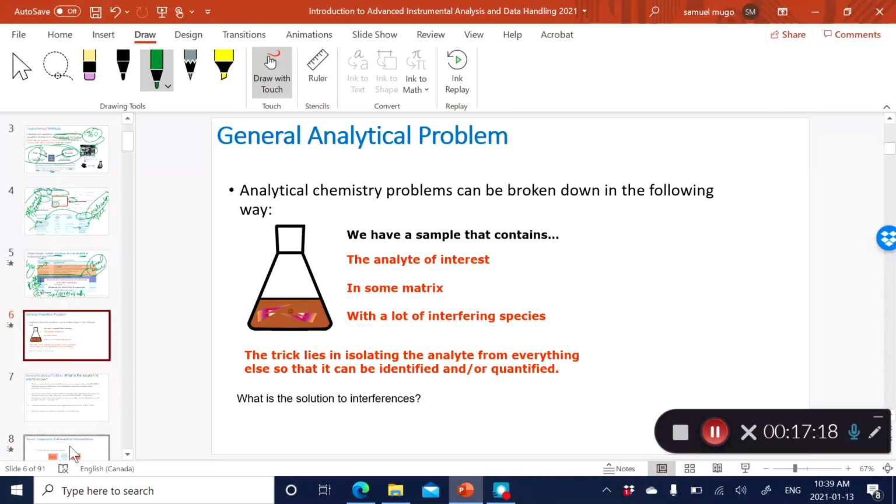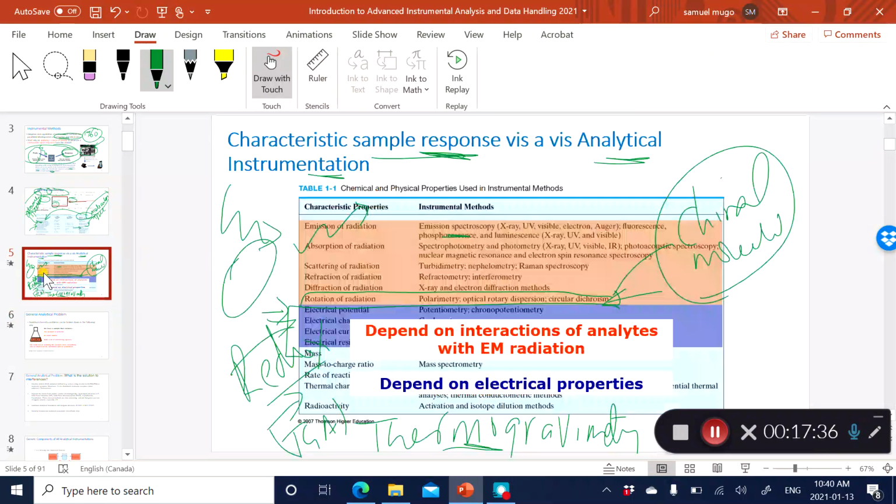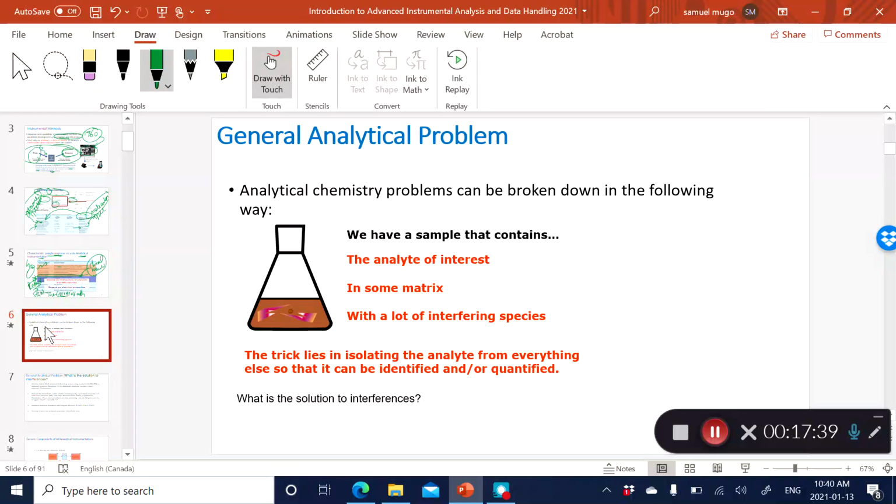Now, so what's the general analytical problem that we are trying to address using all these different types of instrumental methods? Or maybe the question is, why do we have to innovate so many different types of instrumental methods only for the purpose of chemical analysis?